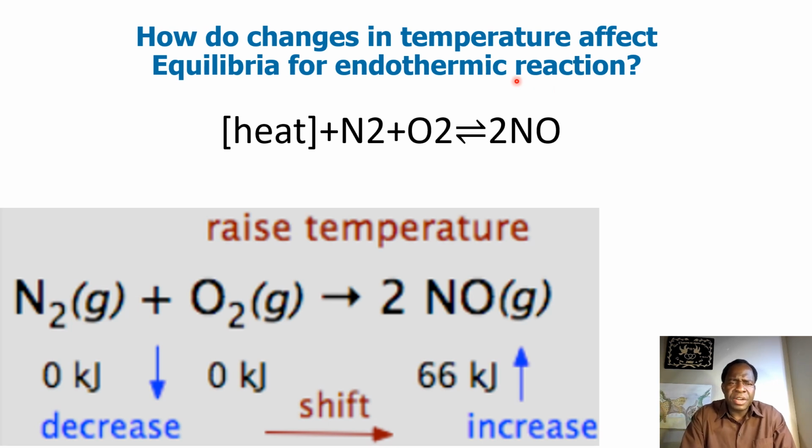If we raise the temperature, that means you are bringing heat in. If you are bringing heat in, what will happen to this reaction? The reaction will shift to the right. More product will form. The quantity of the reactant will decrease.